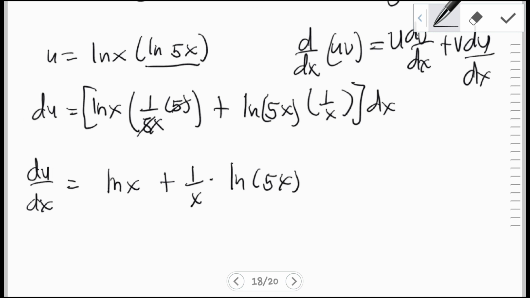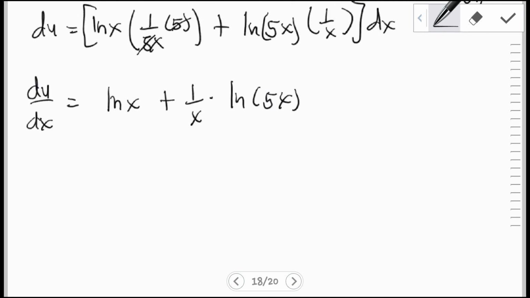So we apply this formula: d over dx of e to the power u is equal to e to the power u du over dx.